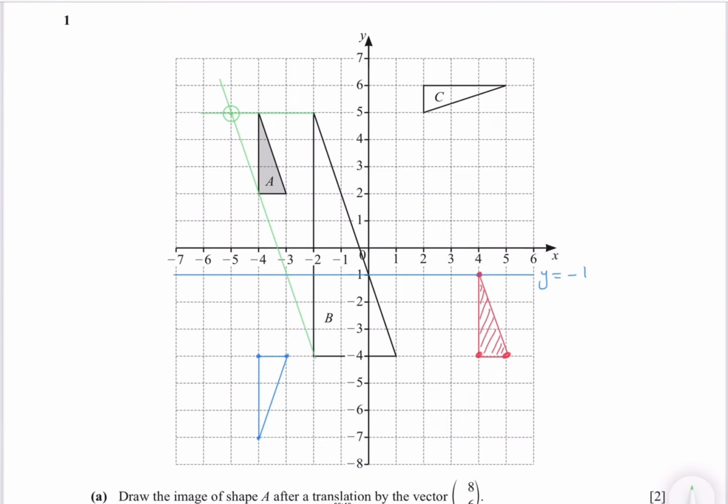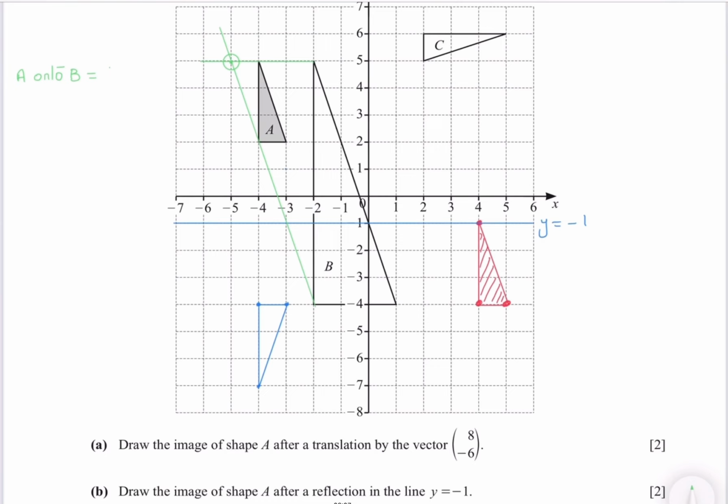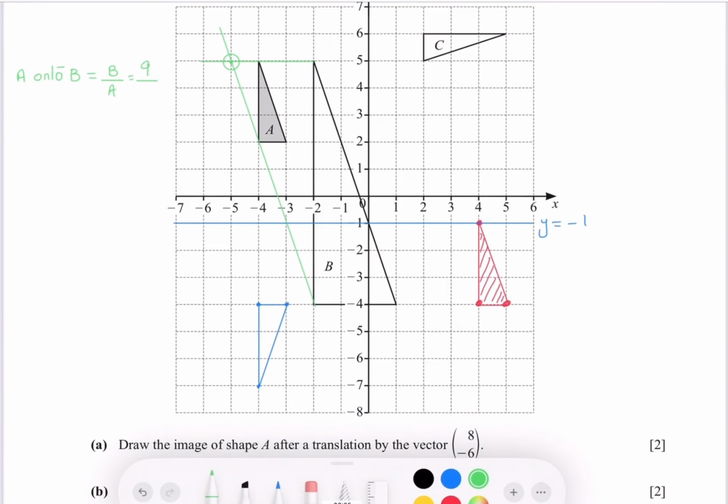Now let us find out the scale factor, because it says A enlarged onto B. So A onto B, so this is equal to B over A. So we have to count any corresponding side, any side of triangle B, like this vertical side 1, 2, 3, 4, and this is 9 units.